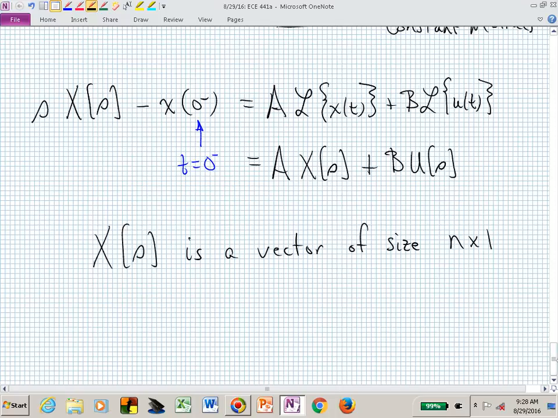Now, what I want to do is work with this to try to find a transfer function. Now I'm in the frequency domain, and I'm trying to go from state space, SS, to TF, transfer function.